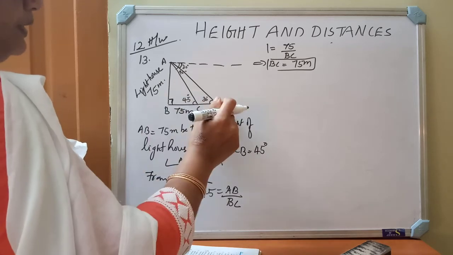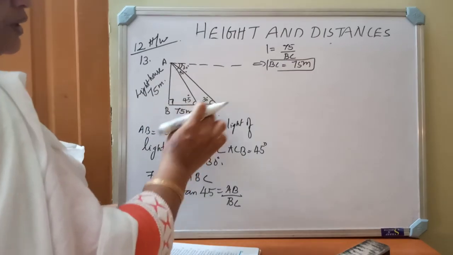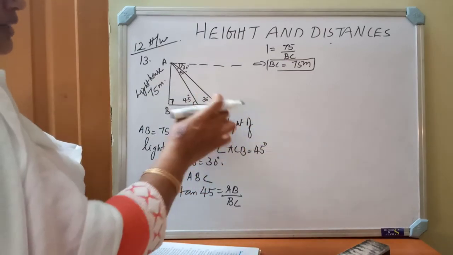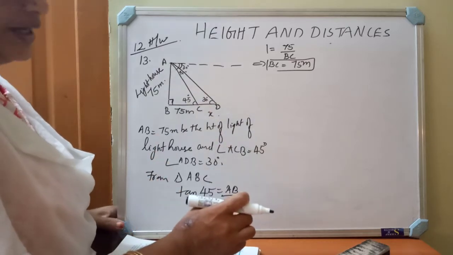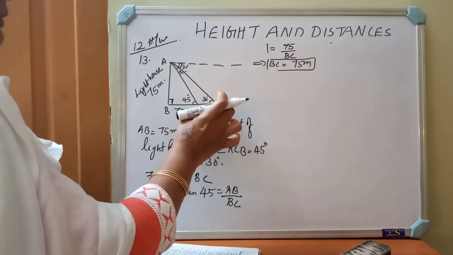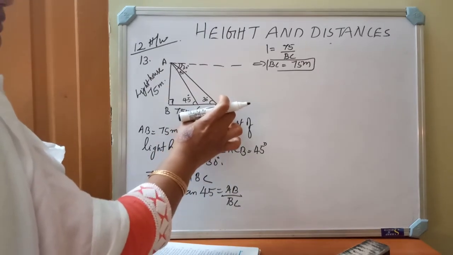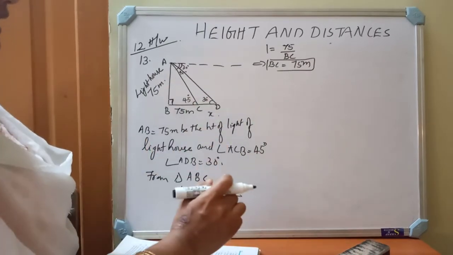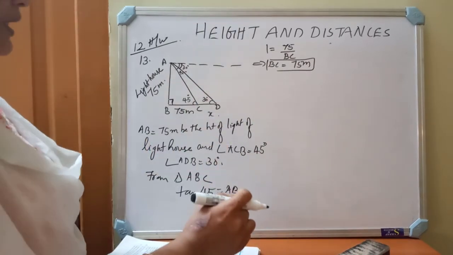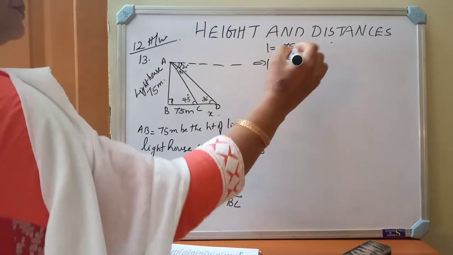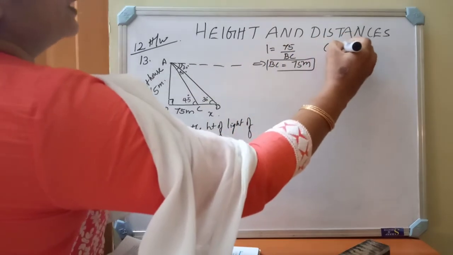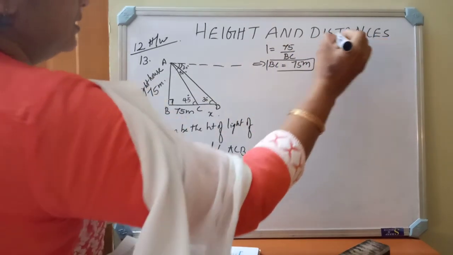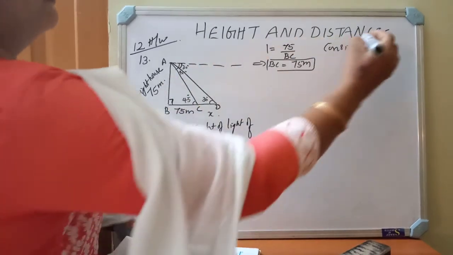So what about BD? It is 75 plus x, because the measure CD we don't know, so we are considering it as x. This is the position of the two ships, and the distance between the two ships is what they ask you to find, that is the value of x, which is CD. Next, again consider triangle ADB.